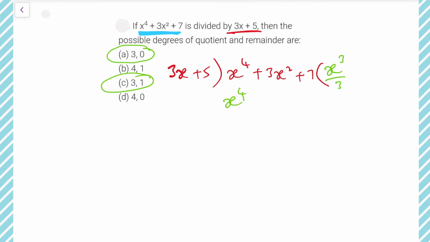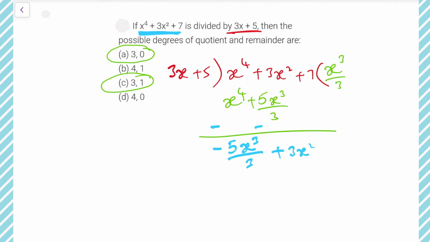Then 5 into x cube by 3 is 5x cube by 3, plus 5x cube by 3. Now while doing subtraction, plus will become minus, plus will become minus. So in this line we will get minus 5x cube by 3 plus 3x square plus 7. Next, in the 3x table, where do we get minus 5x cube by 3?